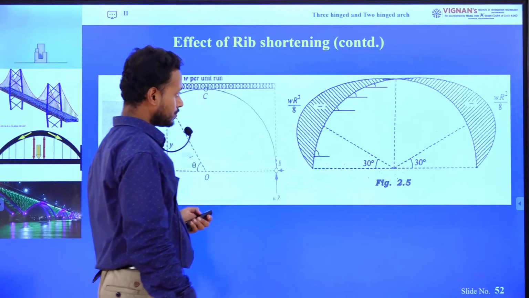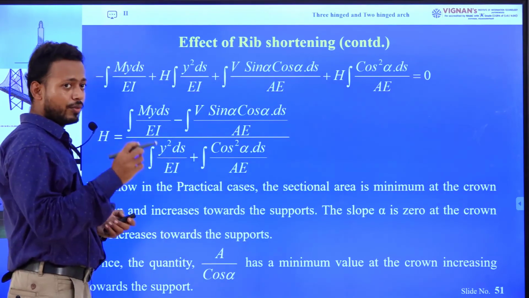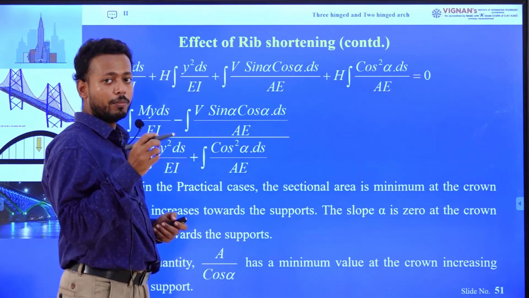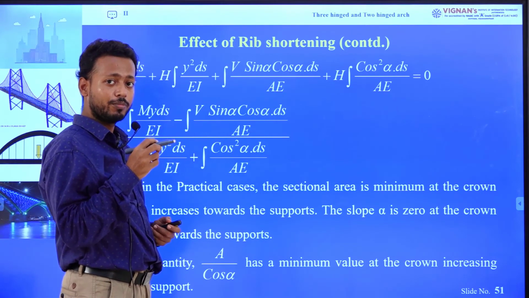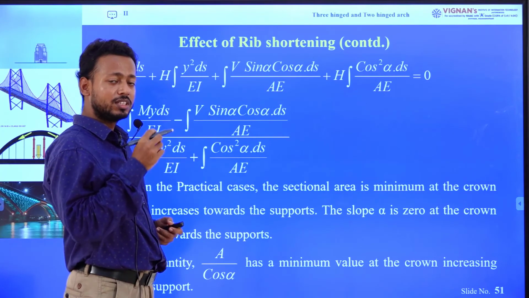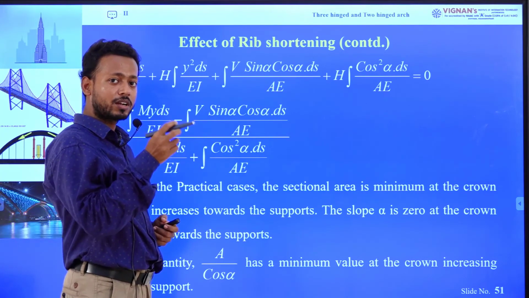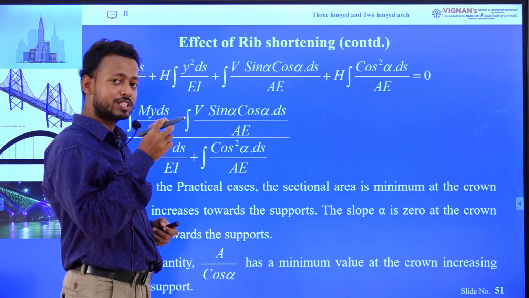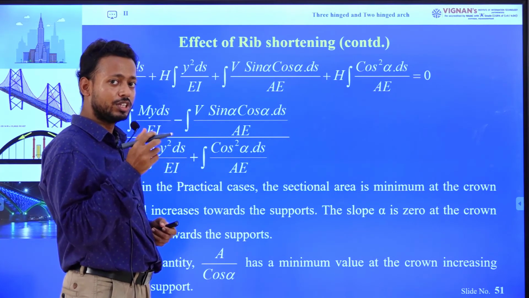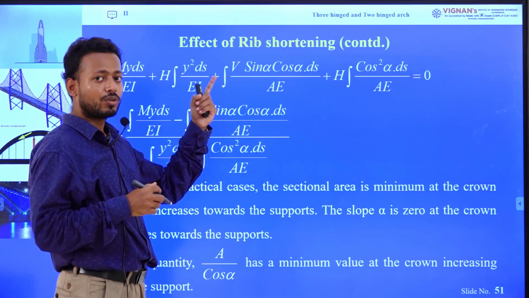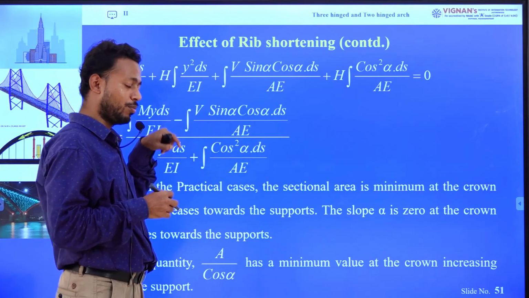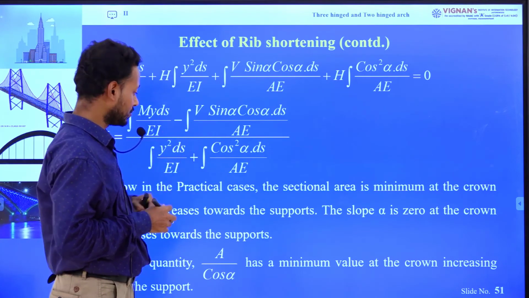So if alpha is minimum at the crown, then cos alpha will be maximum at the crown, because cos 0 is 1 and cos 90 is 0. So at the crown cos alpha will be maximum, at the support cos alpha will be minimum.